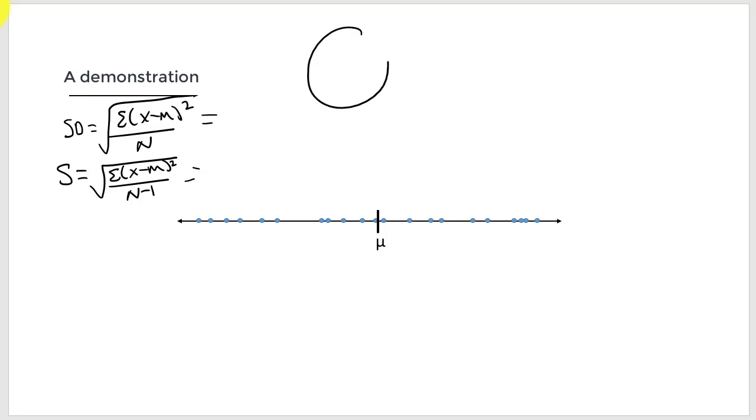So if I have a population of individuals here, and I have a sample of that population here, I'm going to use the formula SD equals the square root of the sum of all the scores minus the mean squared divided by n to calculate the sample, but I'm going to use this formula to calculate the population. The sample's spread is not going to be big enough. The spread of the scores in the sample will be less than the spread of the scores in the population. Look how big the population is. There are going to be many scores that are going to be further away from the mean than the sample is.